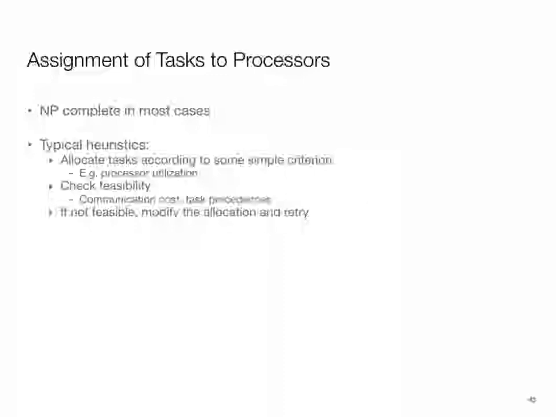So if I organize it so that one task is created every time an object enters the field of view, then the number of tasks is potentially unbounded, because there might be many targets coming in.